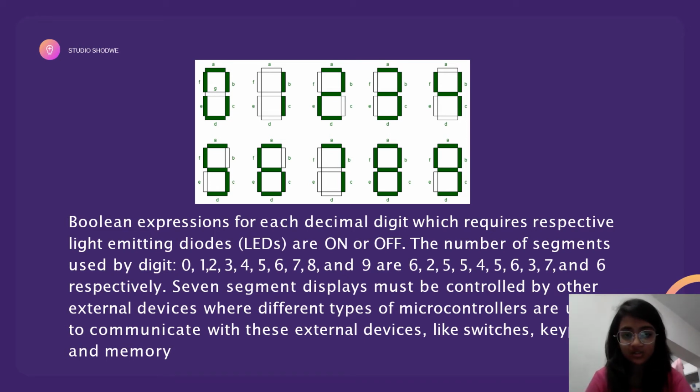For number 1 it's 2. For number 2 it's 5. Similarly for number 6 it is 6, and like that. 7-segment displays must be controlled by other external devices, where different types of microcontrollers are used to communicate with these external devices like switches, keys, etc.